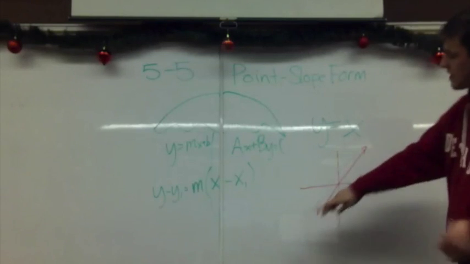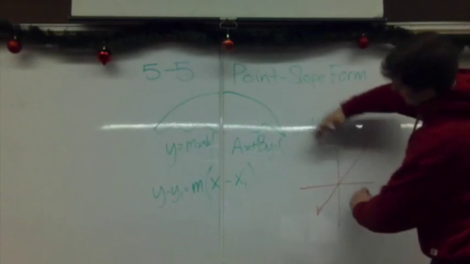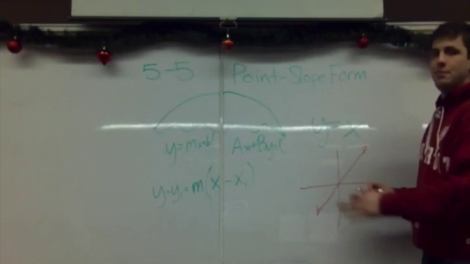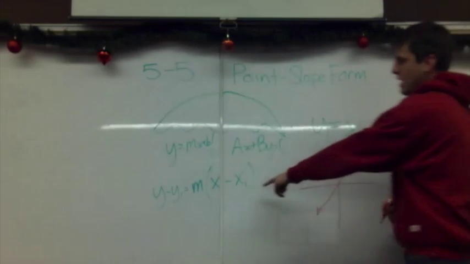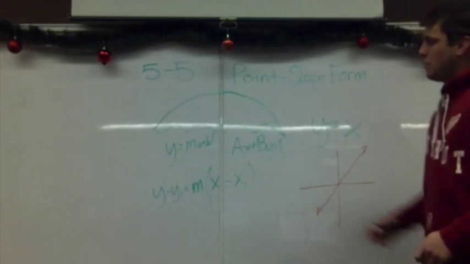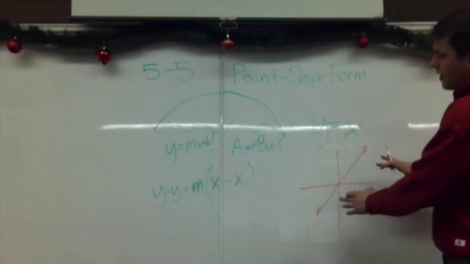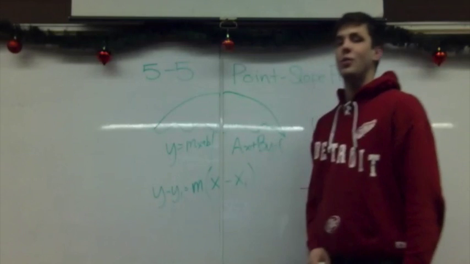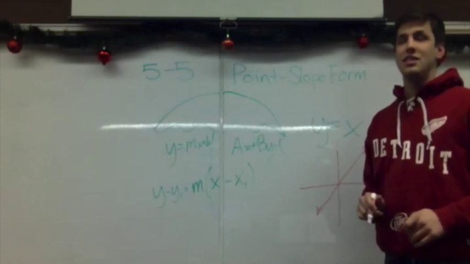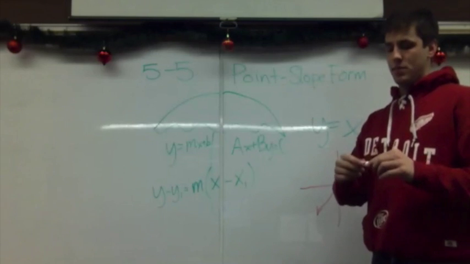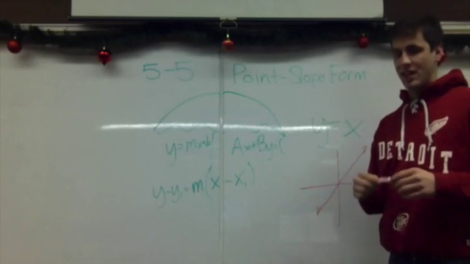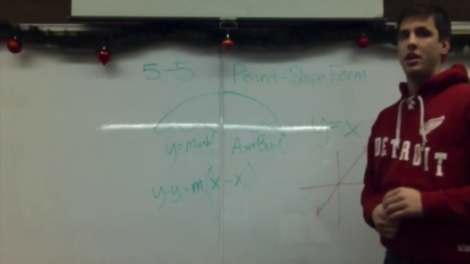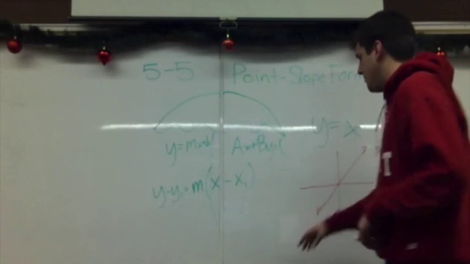It would cut exactly diagonal, splitting this graph in half. And this is what we call a parent function. And this equation, when you put it into this form, you take this parent equation and you move it around according to how m, x1, and y1 change. I don't think that you deal with it at all this year, but in later math classes throughout high school, you'll be dealing with translations like this, which is the purpose for your point-slope form.